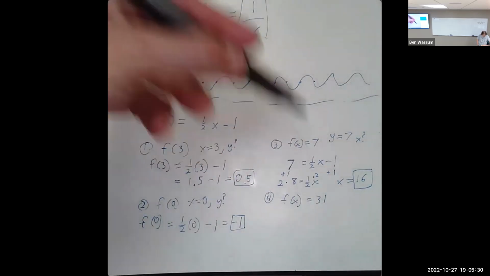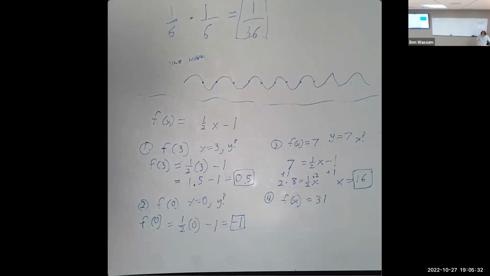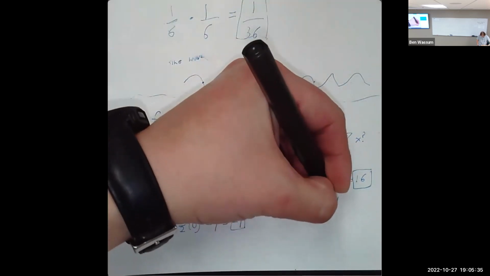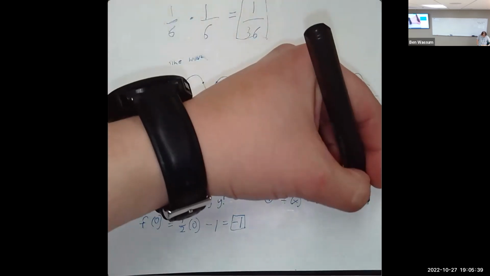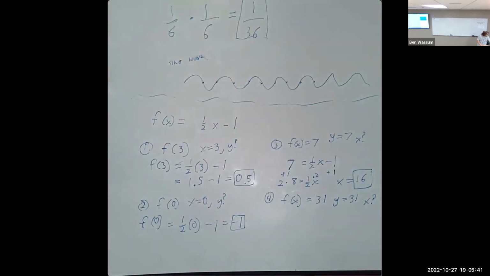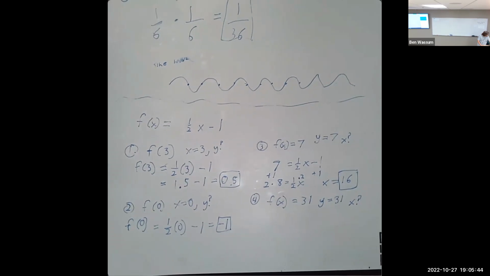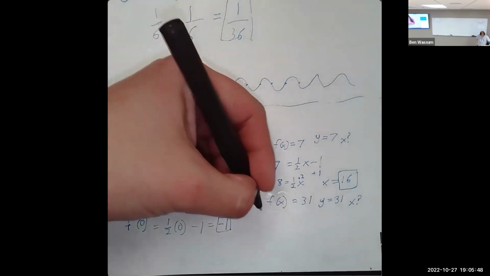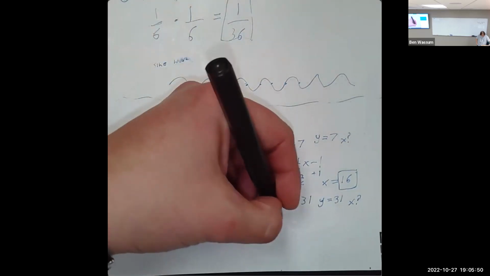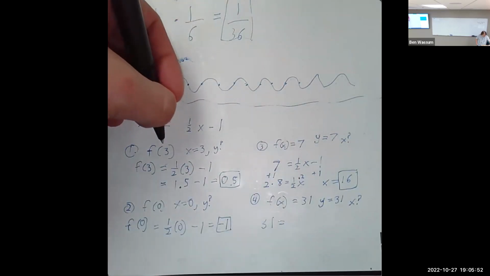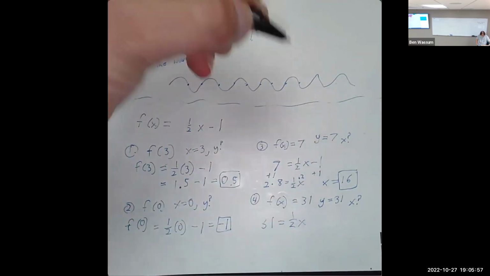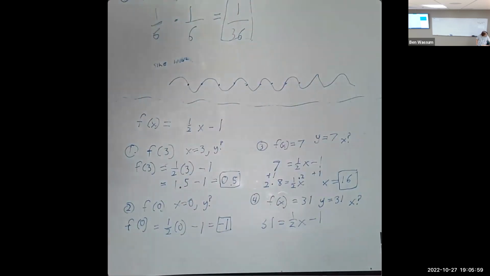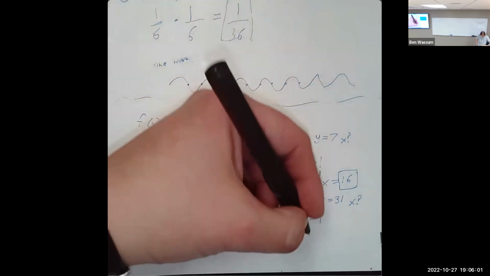Okay, what about f of x is 31? That's telling me, again, y is 31. So what is our x? Okay. So again, we're going to set the equation equal to that 31. And we're going to solve for it.